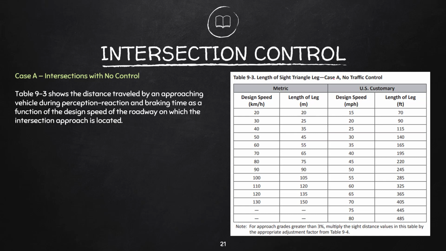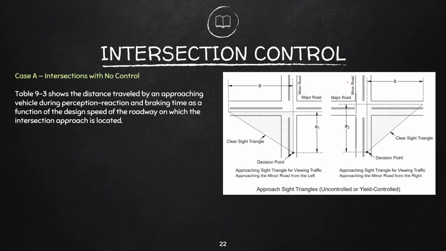For case A, where there is no traffic control, it shows the distance traveled by an approaching vehicle during perception reaction and braking time as a function of the design speed of the roadway on which the intersection approach is located. So again, we will use approach sight triangle because there are no traffic control devices installed in the intersection.